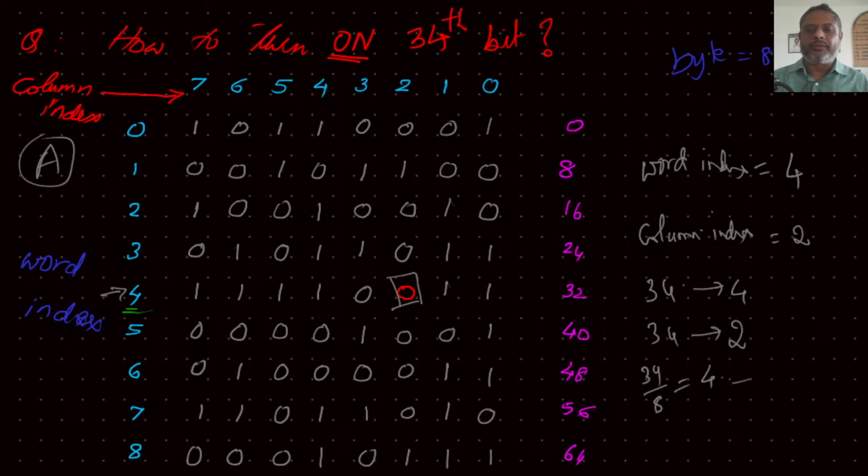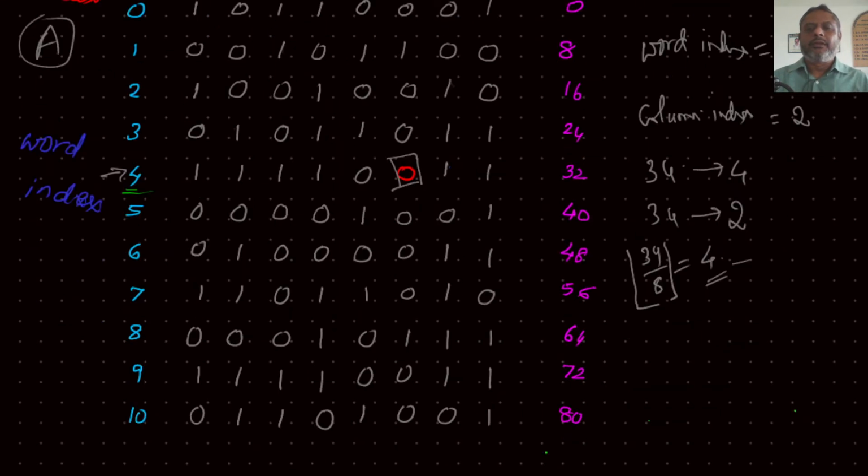That is 4. So how do I separate 4 from this whole thing? Of course, use a floor. So we get a 4. Done, so we got the fourth one. If you call this A, then A of 4 will be what?